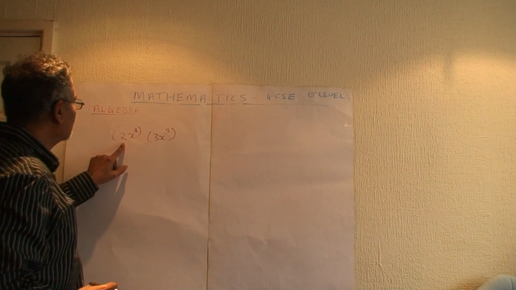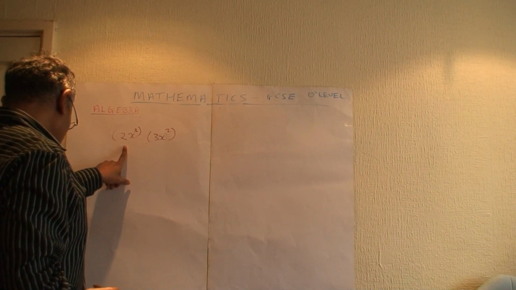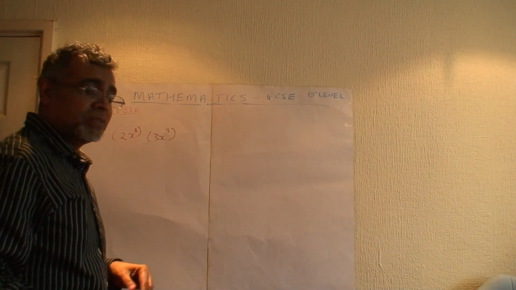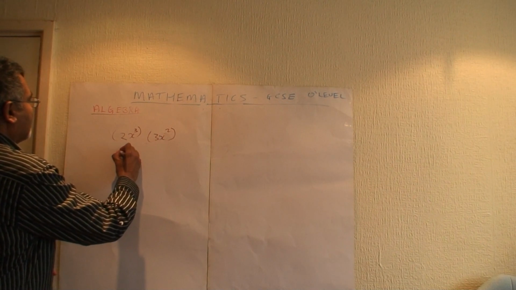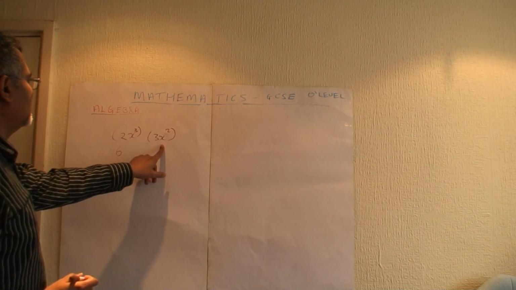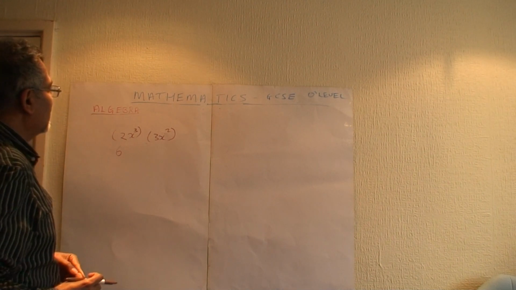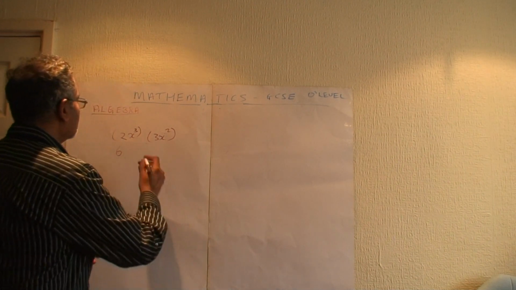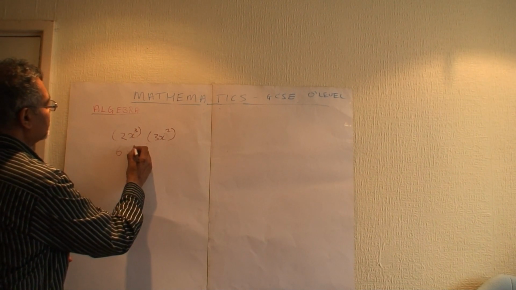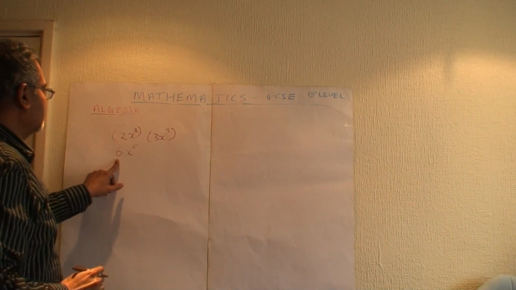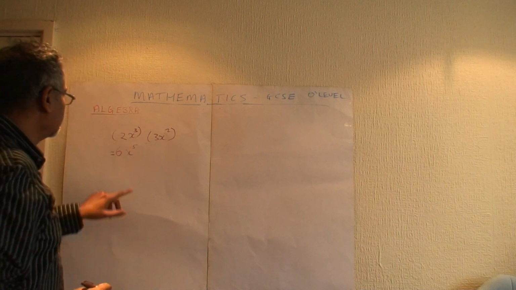The coefficient is the number here and here. 2 multiplied by 3 is 6. We multiply this and this, but when you multiply the powers, you add them. So we have x, you add the 2 and the 3, which is 5. So 6x to the 5th power.